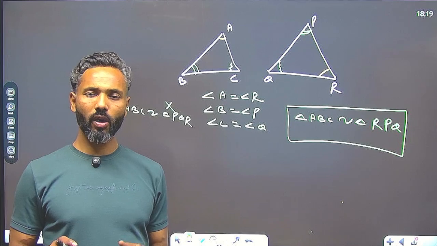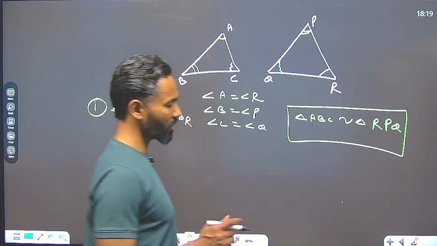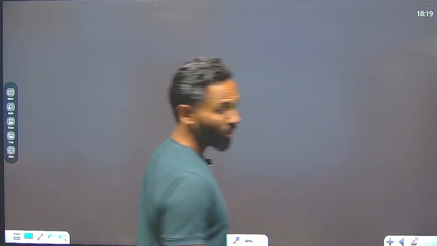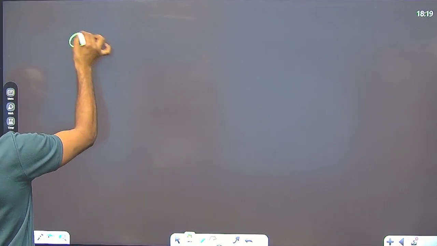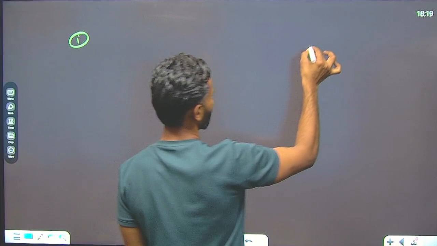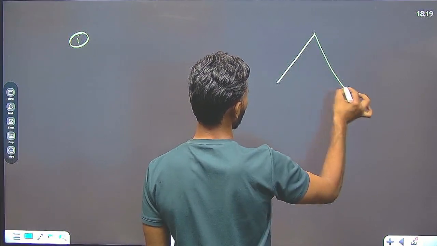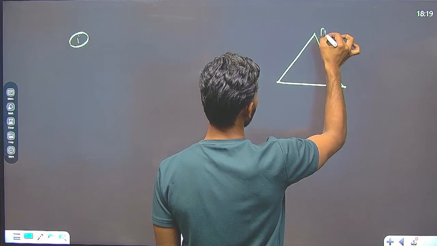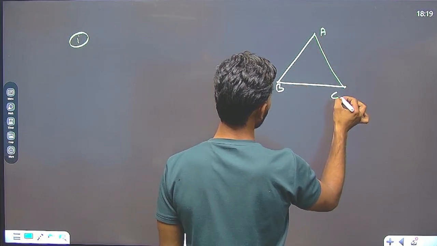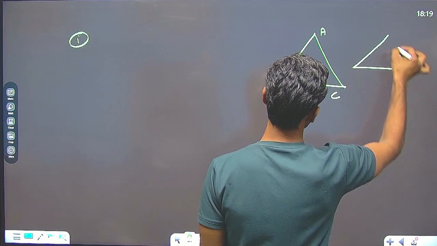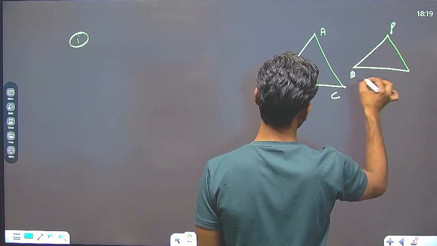Now we are going to discuss the results based on similarity. There are two simple results based on similarity, and we can use these results to simplify our questions. Result first says: suppose here are two triangles. The name of the first triangle is ABC, and the name of the second triangle is PQR.